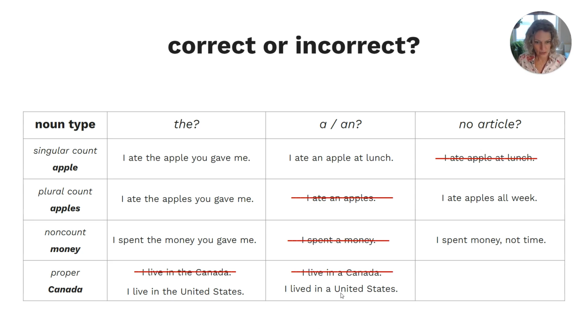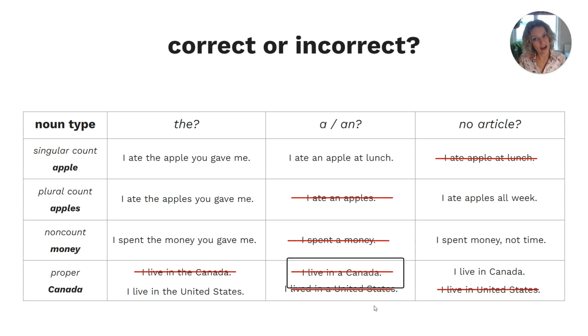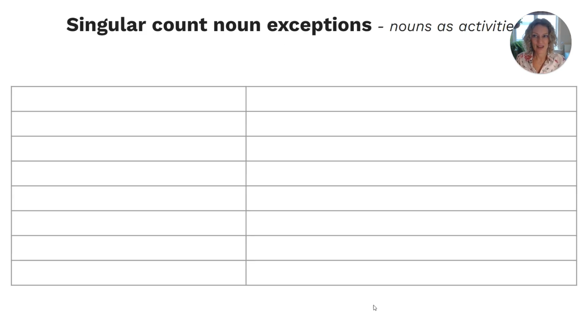No. Again, you can't use a with proper noun because a means one. So we can't say one Canada, two Canadas, one United States, two United States. So how about I live in Canada? Yep, that's good. How about I live in United States? No, you actually have to say I live in the United States.